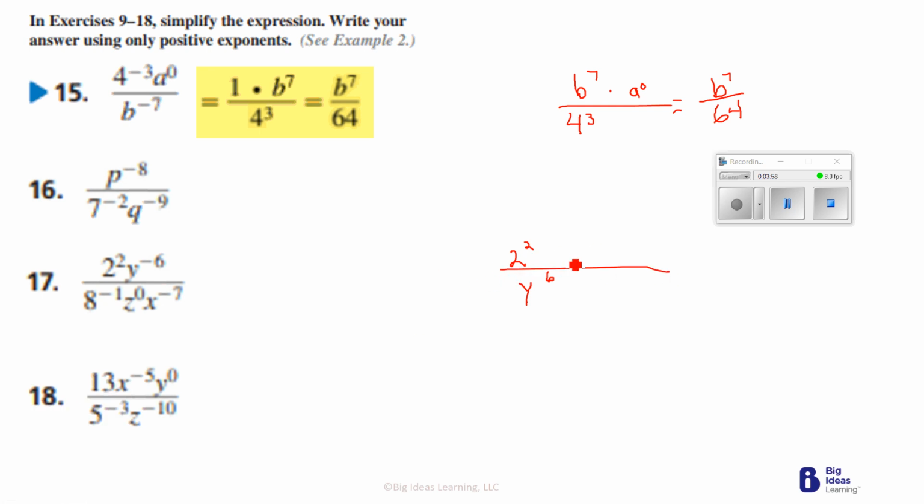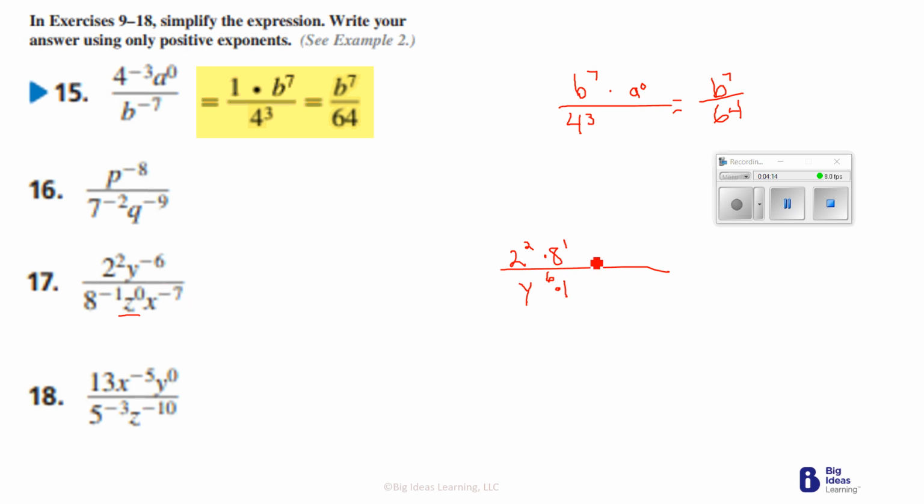And then we've got 8 to the negative 1 power, which will become 8 to the 1 power. Z to the 0 power is going to be times 1. Anything to the 0 power is 1.